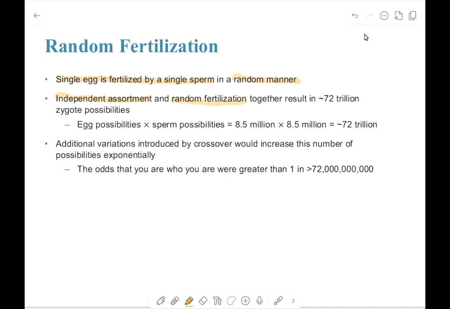There are 8.5 million possibilities for independent assortment, and there are also 8.5 million possibilities for random fertilization. So this gives us an amazing 72 trillion possibilities for the variation of the gamete.